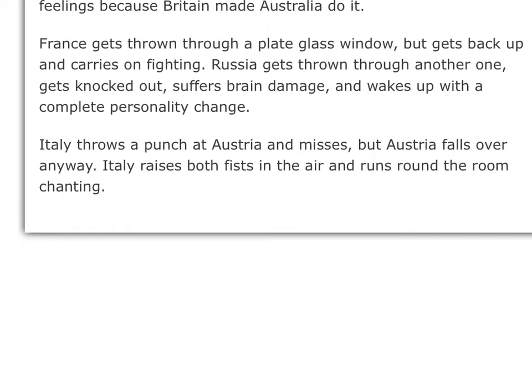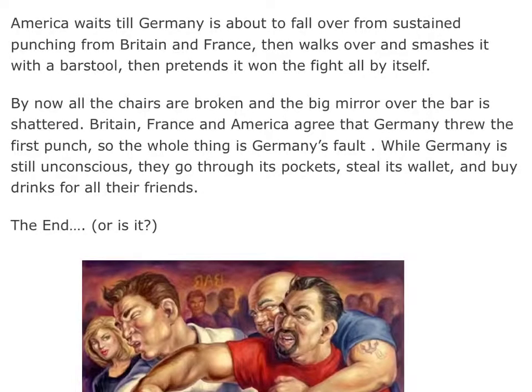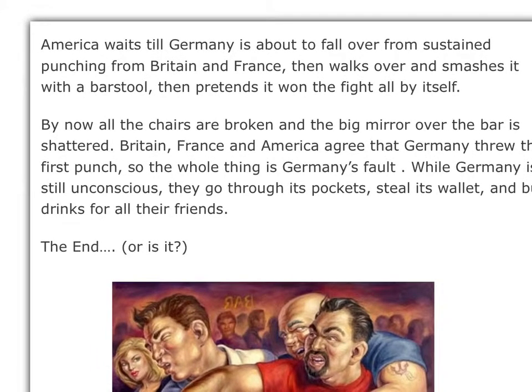Italy throws a punch at Austria and misses, but Austria falls over anyway. Italy raises both fists in the air and runs around the room chanting. America waits till Germany's about to fall over from sustained punching from Britain and France, then walks over and smashes it with a bar stool, then pretends it won the fight all by itself.